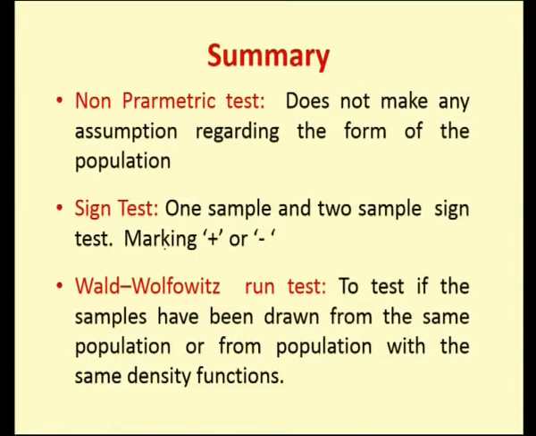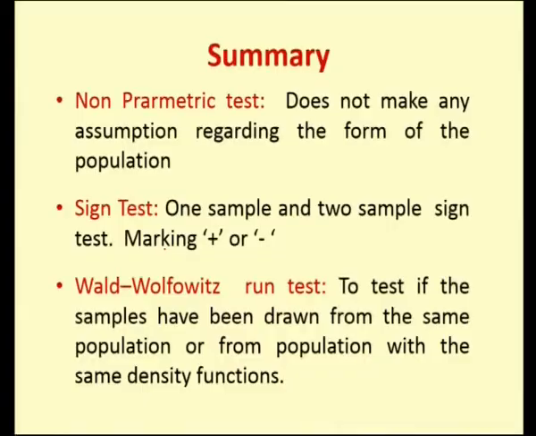We have discussed two methods of non-parametric test, namely the sign test and Wald-Wolfowitz run test. In the sign test you arrange the given sample, fix the median or the mean value, compare it with the given observations and mark plus or minus sign, and if the observations are the same put it as 0 and neglect the zeros from the total sample.